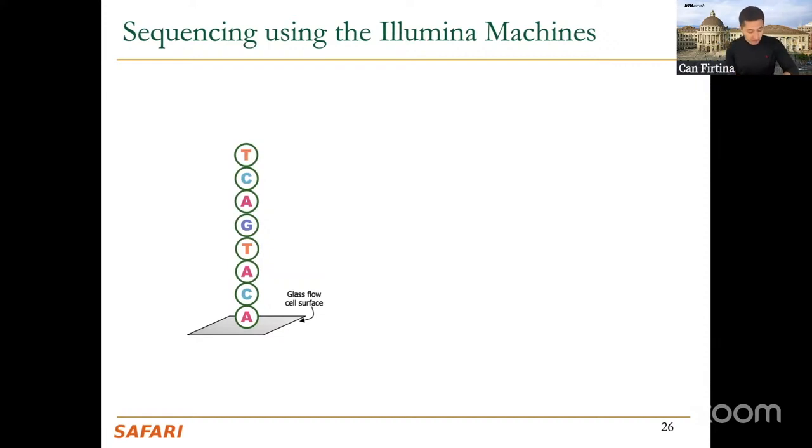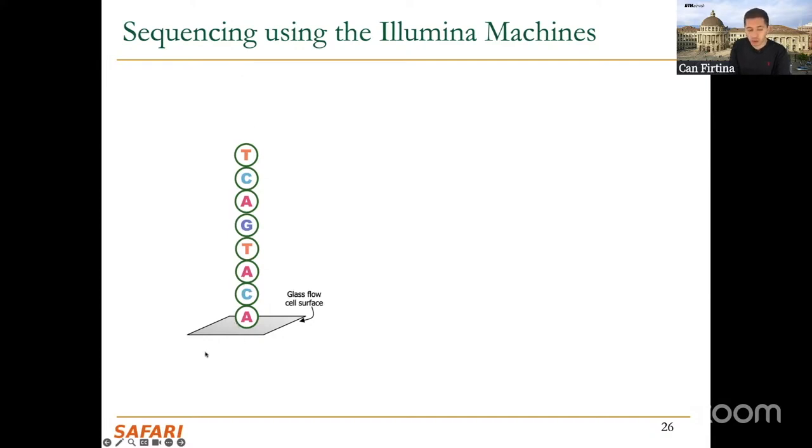In the remaining limited time, I will try to cover the sequencing by synthesis approach that is used by the Illumina sequencing technology. At the very low level, imagine we have a glass flow cell surface where our DNA molecule is attached.